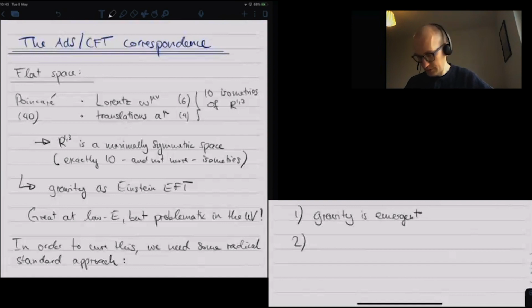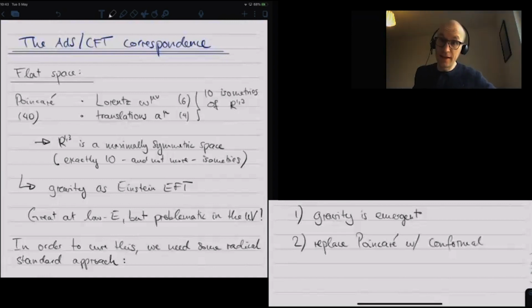And what we're going to do is replace our symmetry principle, namely the Poincaré symmetry, with conformal symmetry. And that will lead us to something like the AdS-CFT correspondence.